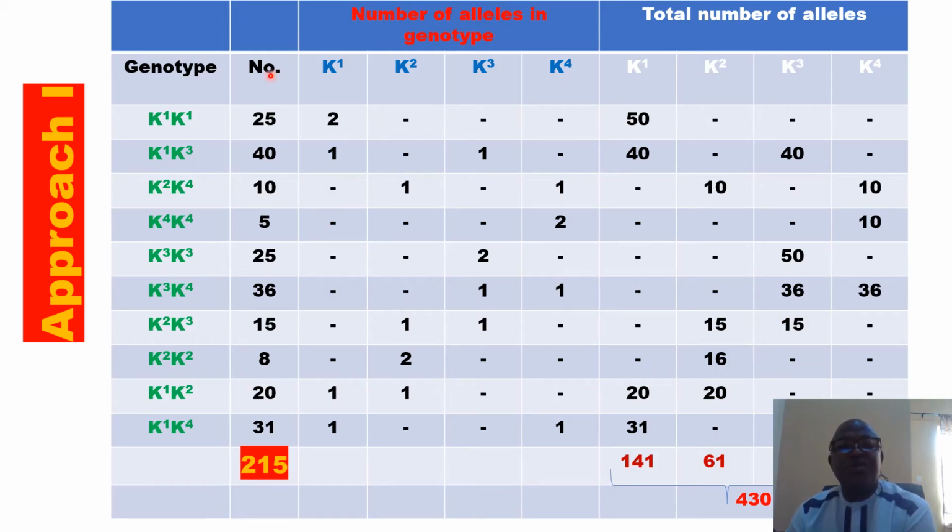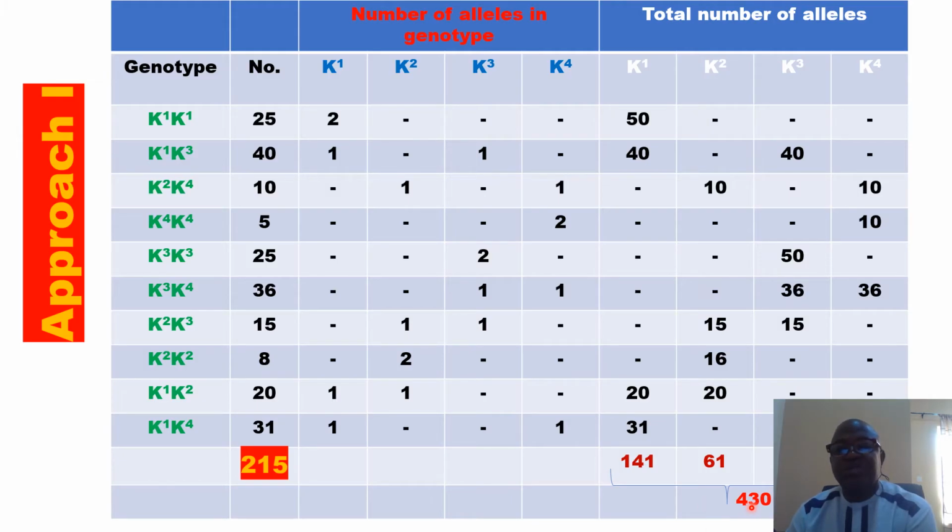So when you add up everything here, you get 215 as the number of individuals that are sampled, and add up all the K1s, the K2, the K3, and K4, you have 141, 61, and so on. And when you add up everything, you get 230.